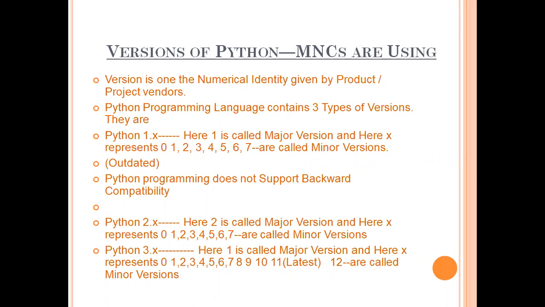Now, versions of Python. Please remember that versions are the numerical identifications of a given project or project vendor. In the Python programming language, we have 3 types of versions.